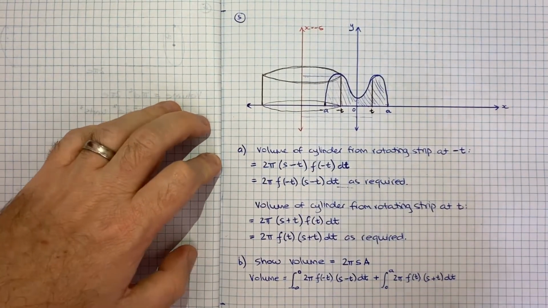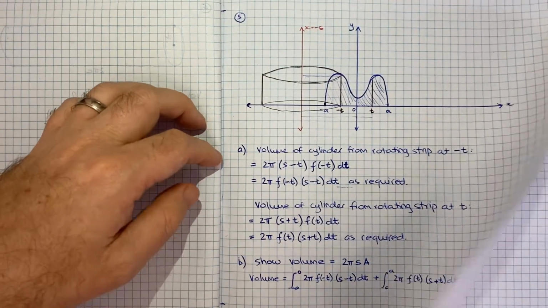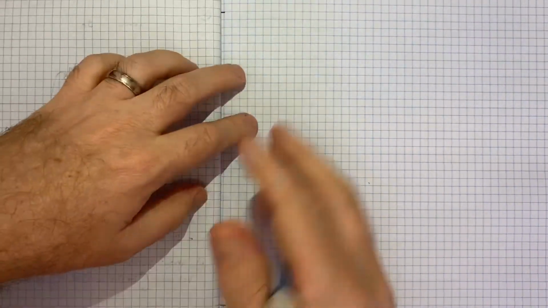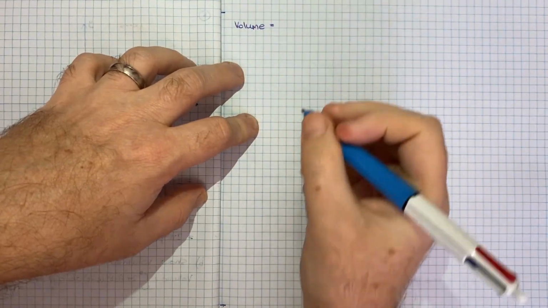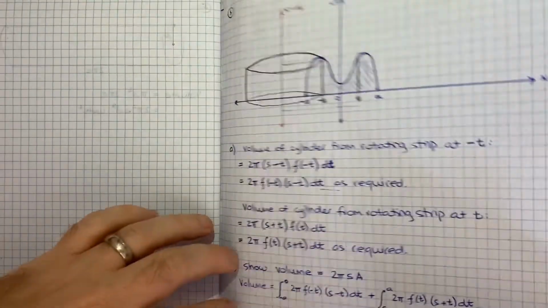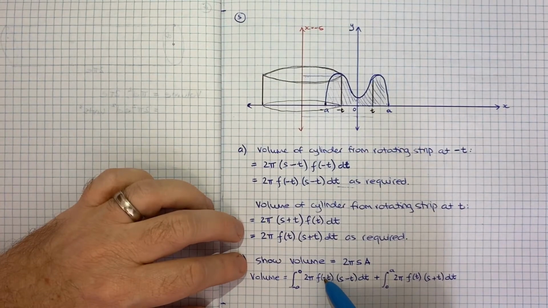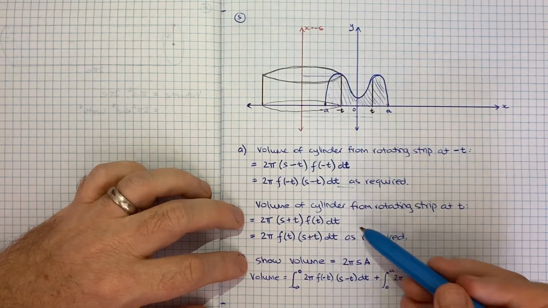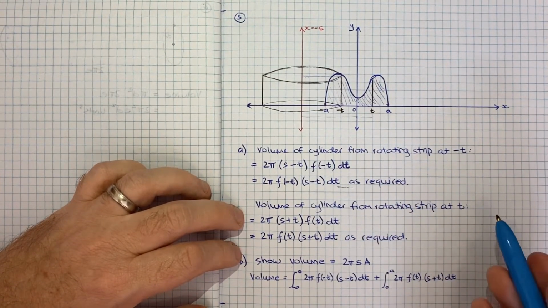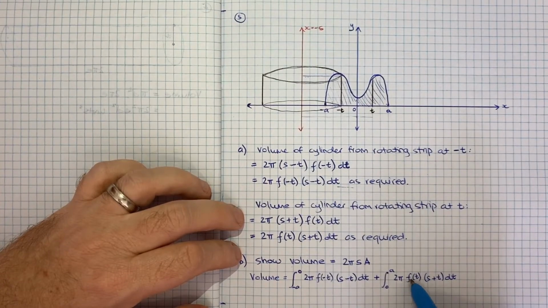I might need to just turn over for space. So continuing part B, we'll say our volume is equal to, and I think the first thing I can do is this f of negative t, I'm just going to write that as f of t, and I can do that because we're told the function is even. So f of negative t will equal f of t.